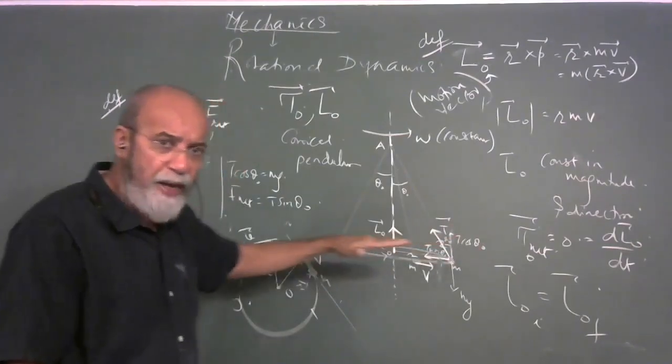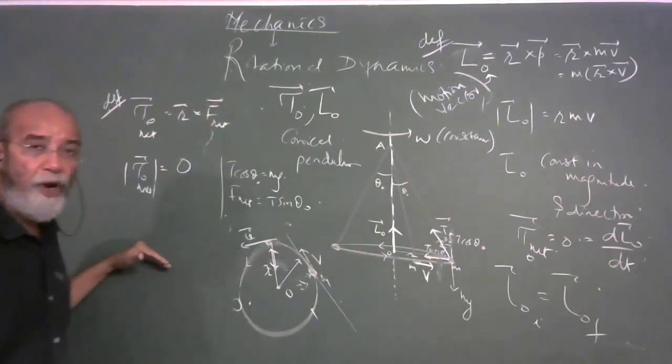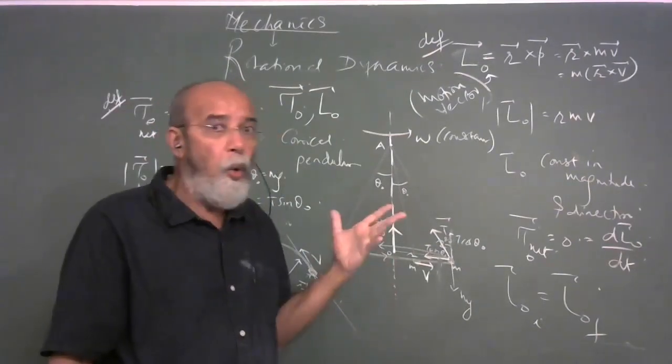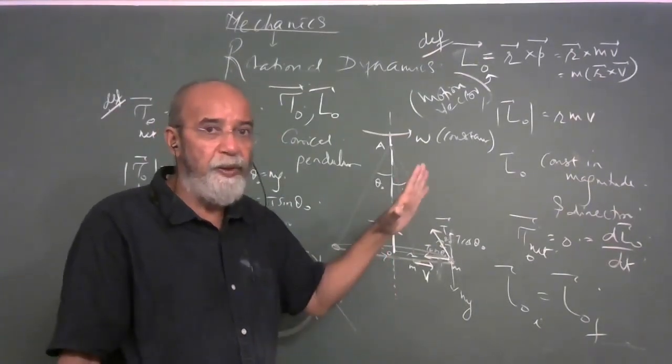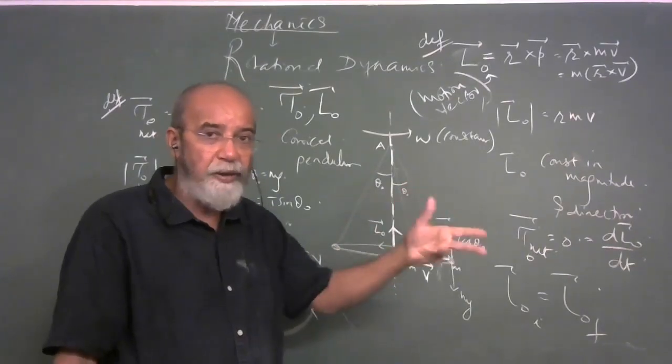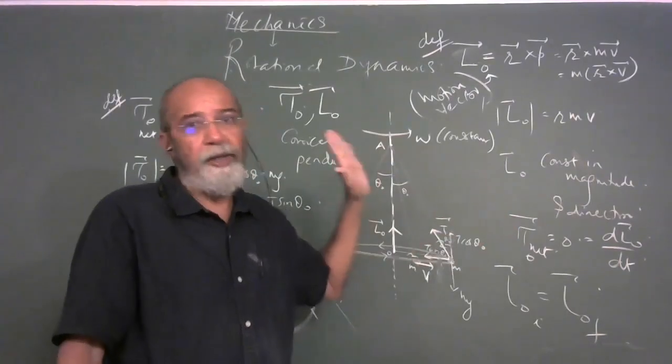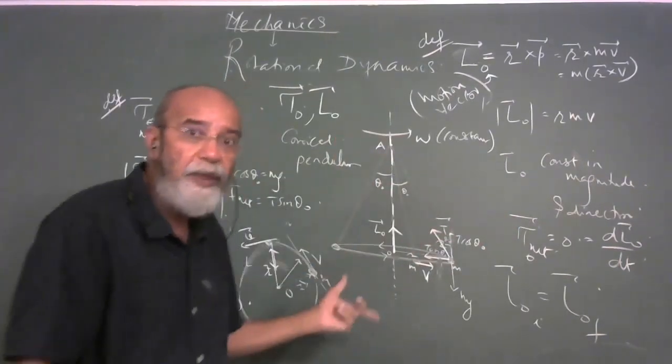And I'm all the time drawing inspiration from my translational fellows. Linear momentum constant. Oh, net force should be 0. Reflected here. Angular momentum constant. Net torque has to be 0. Let's find out. And we get it 0.